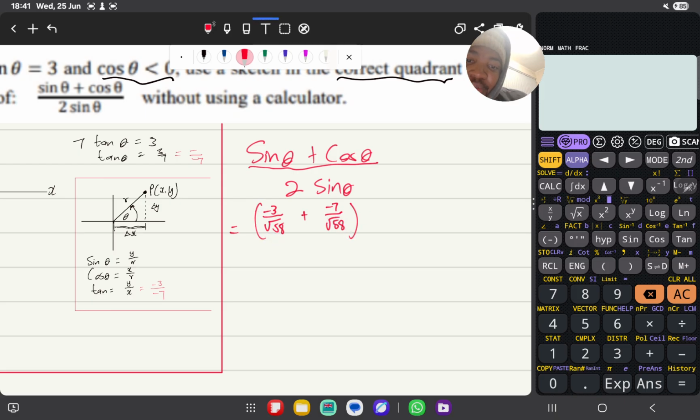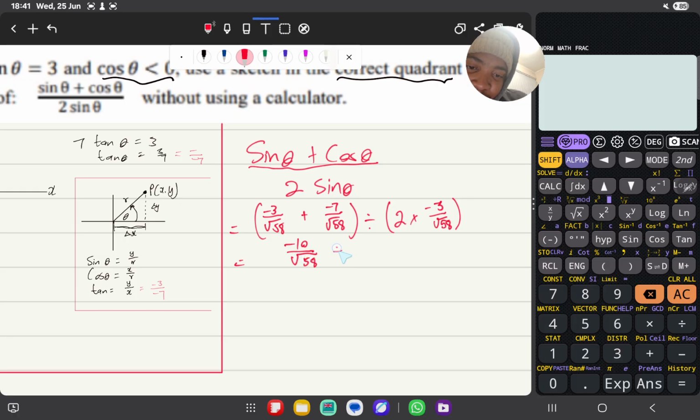Let me put this in a close bracket and say divided by 2 multiplied by minus 3 over the square root of 58. So now I'm going to have minus 3 minus 7. In fact, I can just say minus 10 over the square root of 58.